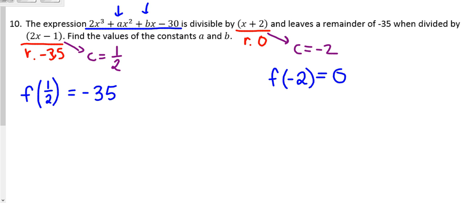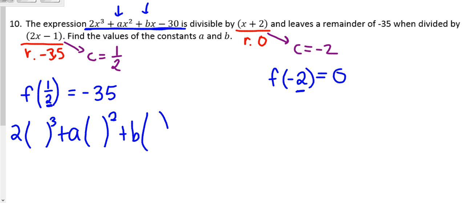When we plug in, that means we're going to take the original equation, and for every x, we're going to put the number that's inside the parentheses. So here we would have 2 times something cubed, plus a times something squared, plus b times something, minus 30, equals negative 35.